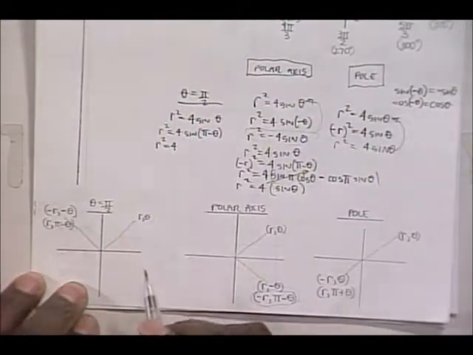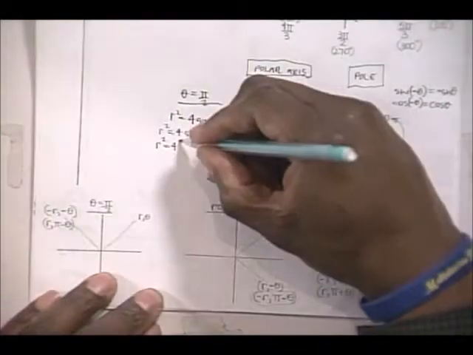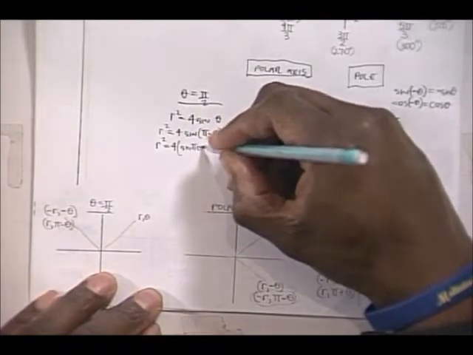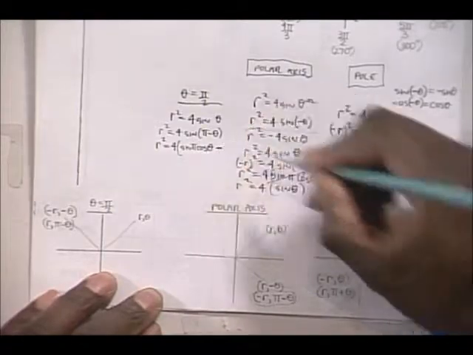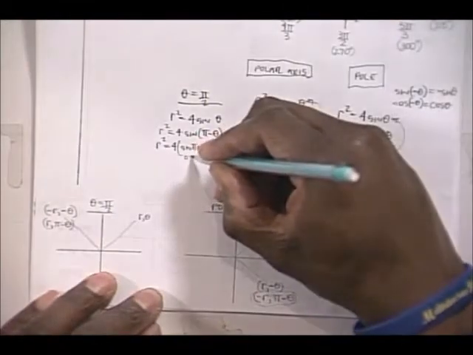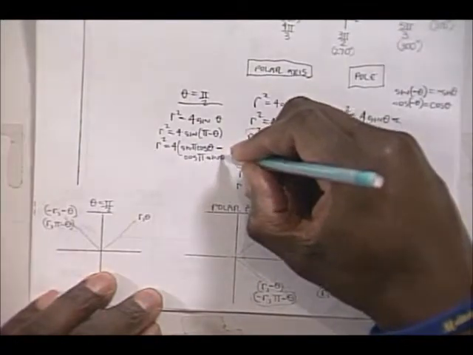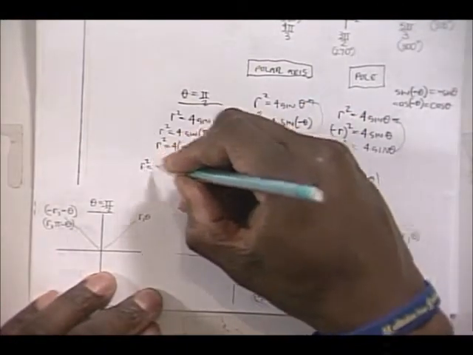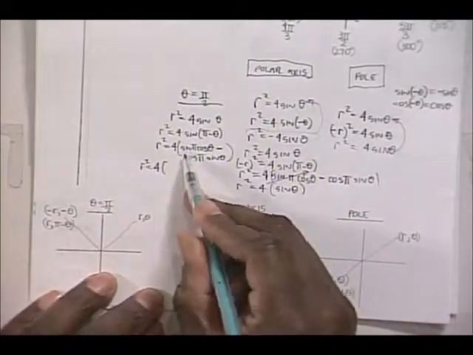Let's expand the sine of pi minus theta again. We did that already. We got the sine of pi cosine of theta minus cosine of pi sine of theta. So we get r squared is equal to 4 sine of pi again.